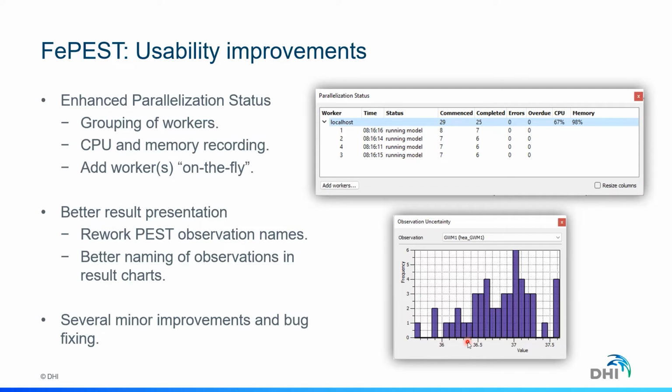So we have revamped and reviewed the way the charts display the information, which is more user-friendly as well. We also introduced a number of minor improvements for the PEST IES optimization. I will show you a live demo of this, and also some bug fixes as well.